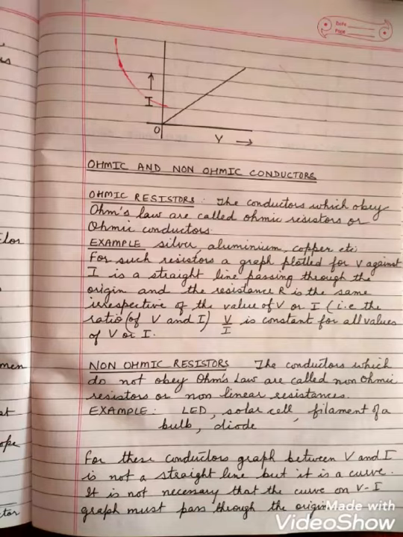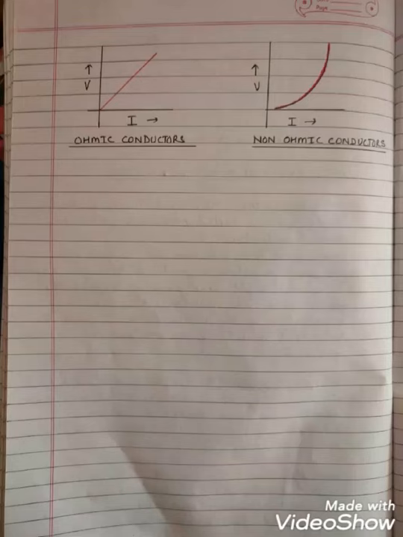The common examples are LED, solar cell, filament of a bulb and diode, etc. For these conductors, the graph between V and I is not a straight line, but a curve. It is not necessary that the curve on the VI graph must pass through the origin. It can pass through any point.